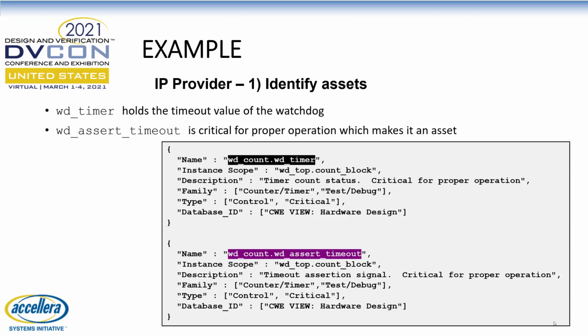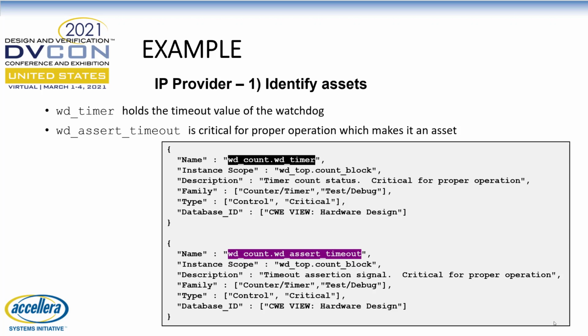The first step for the IP provider is to identify assets. So for this specific example, we have identified WD timer, which holds the timeout value of the watchdog. Then we identify WD asset timeout, which is also critical for proper operation, and that makes it an asset.